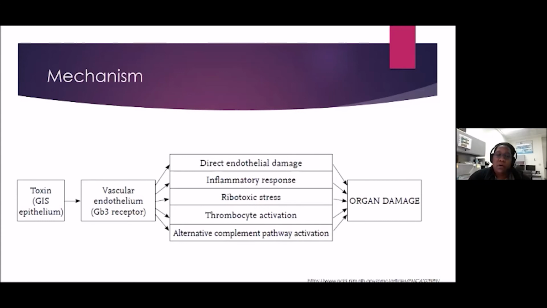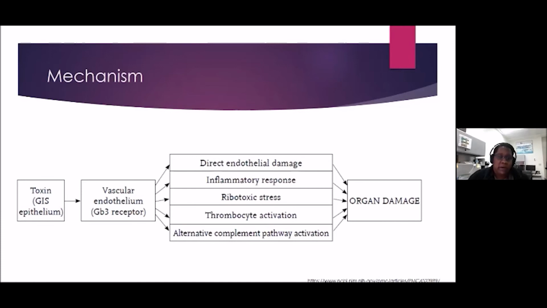And then also there is some degree of activation of the alternative complement pathway. And so you get a lot of inflammation, you get microangiopathic hemolytic anemia with thrombosis. So you have a TMA picture, and the patients end up with organ damage. In HUS, the main one is the kidney, and it can look pretty scary.